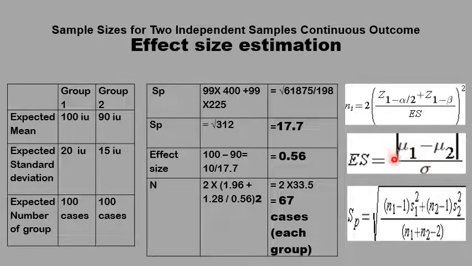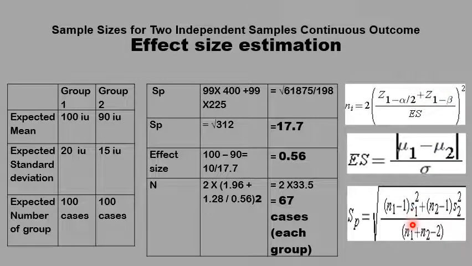You would have a good guess about what you expect the mean of the first group would be, what you would expect the second group mean to be, and then you try and calculate the pooled standard deviation of the two groups using another formula. And once you have decided on the expected effect size, you can plug it into the equation plus the z-score for the level of significance and the z-score for the power.